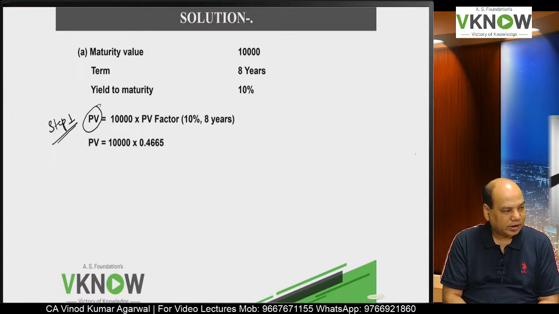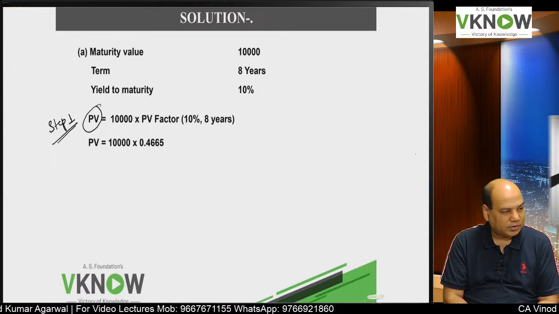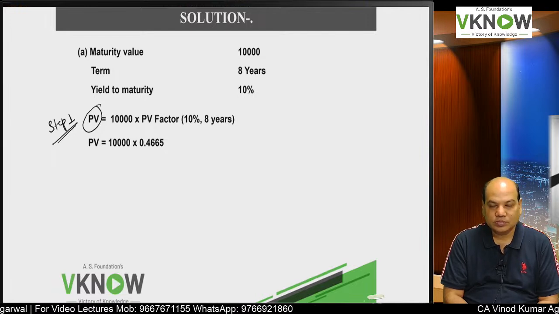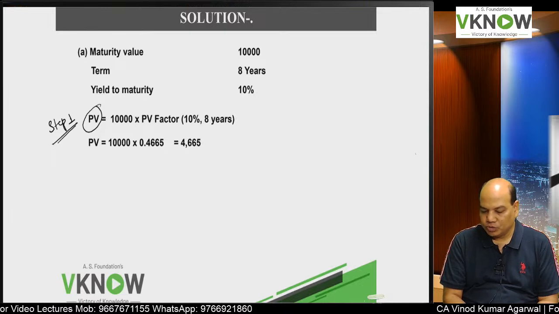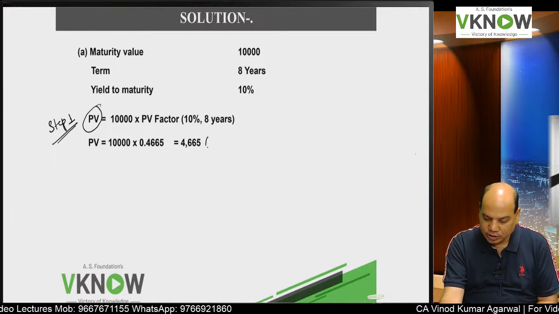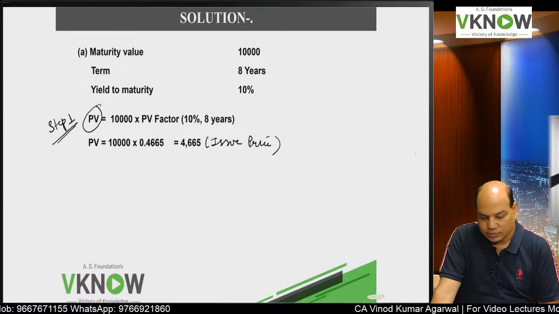Solve 10,000 into, check the factor of 8 years and 10%. So that is 0.4665. Is it right? So the answer is approximately 4665, in bracket write issue price.